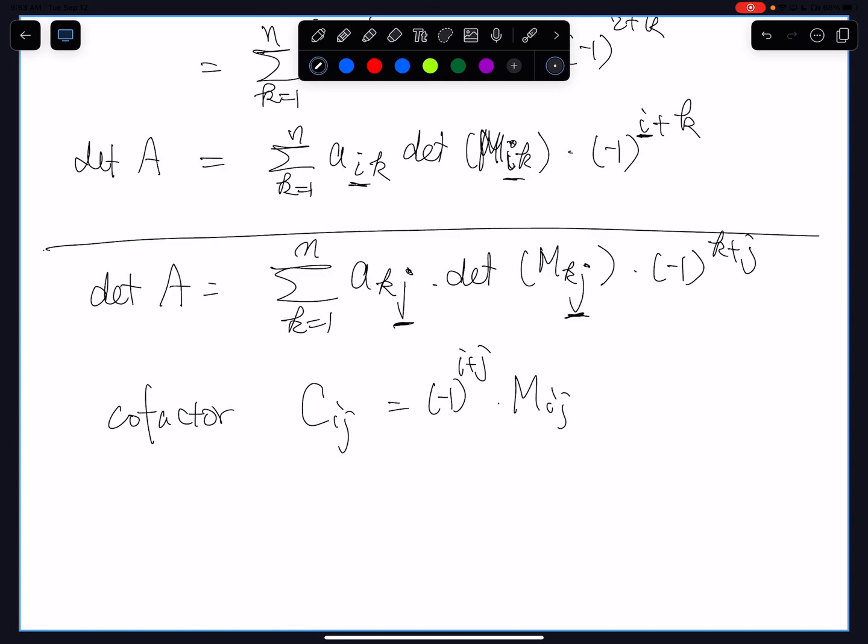So we already defined what a minor is, right? This is the matrix A where the ith row and jth column are deleted, right? So this cofactor is basically the same matrix, but sometimes negative one is multiplied, other times it is not.